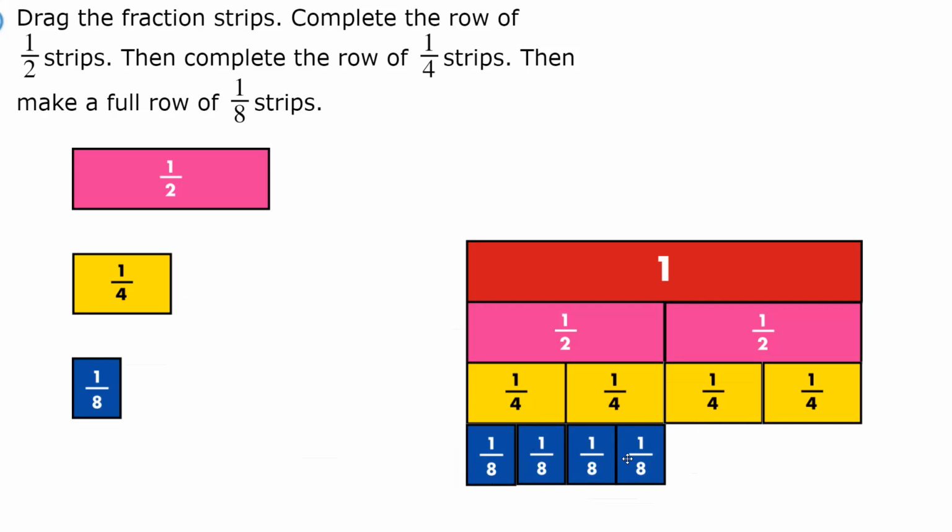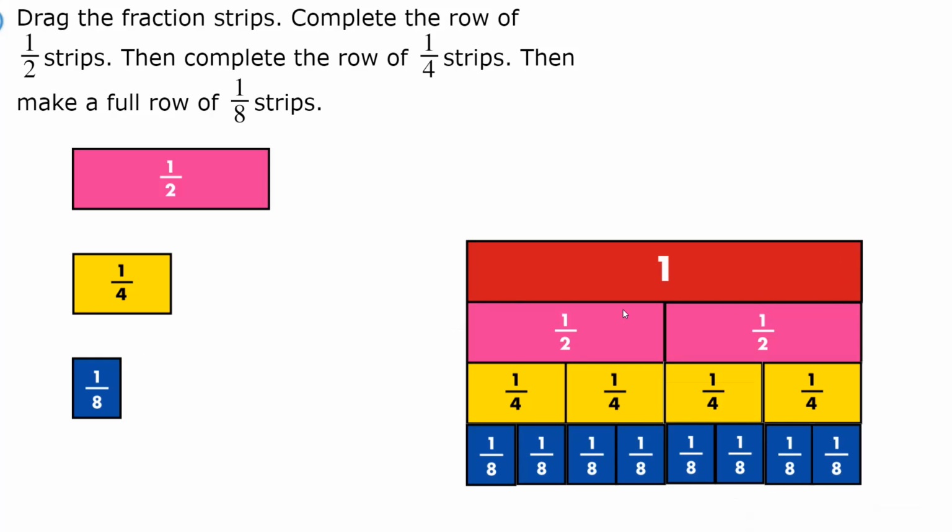Now here we have 4/8. So 1, 2, 3, 4/8 is the same thing as 2/4. That's also the same thing as 1/2. Here's 5/8, 6/8, 7/8, and then finally 8/8 to make one whole. So here's our one whole to show you what one whole looks like.